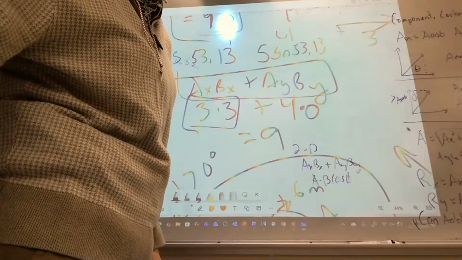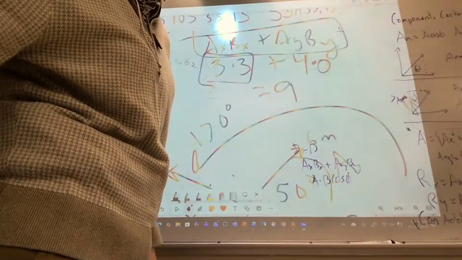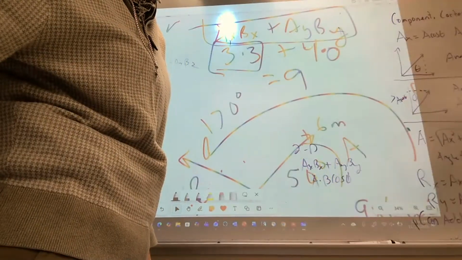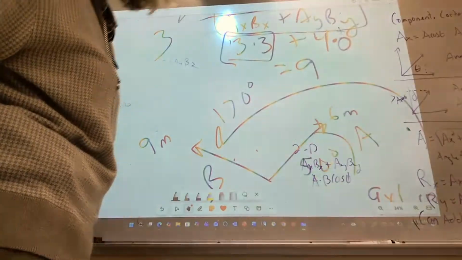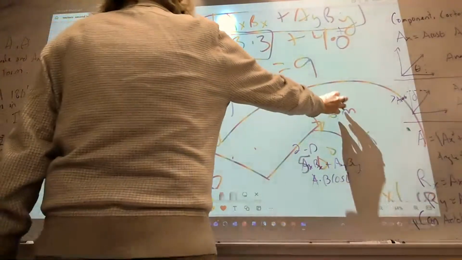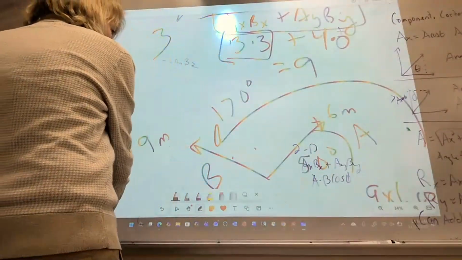Okay, let's do another one. I want you to do the same thing. First, you do the definition of just the magnitude of a times the magnitude of b times the cosine of phi. So this one is 6, this one's 9.